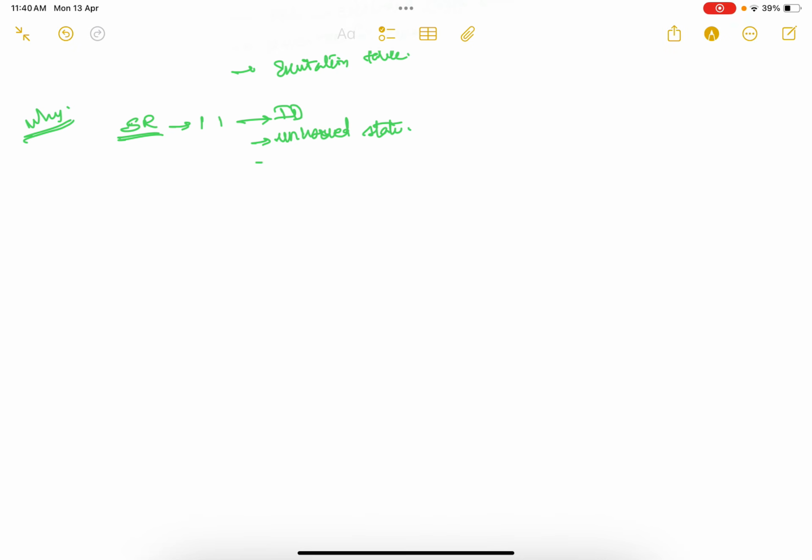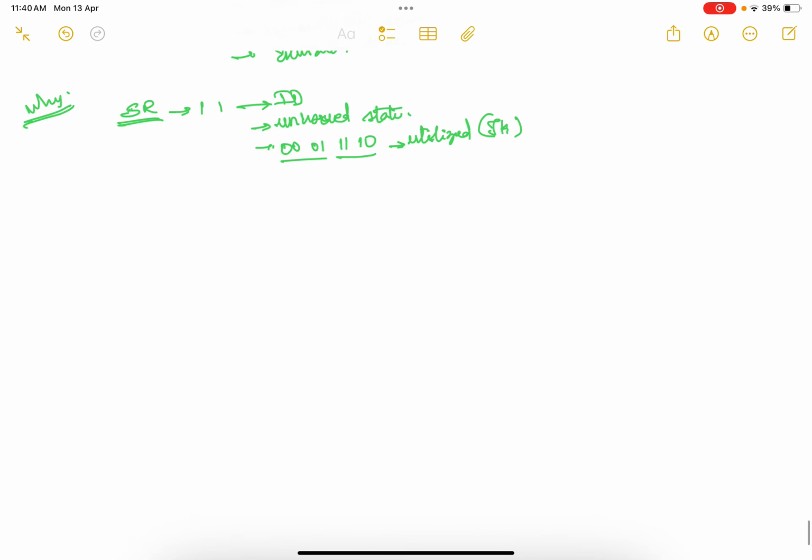So to make every state a used condition, that is, to make all the combinations produce desired results, we are going for this JK flip flop, in order to utilize all the states, that is 00, 01, 11 and 10. So for all the states it will get utilized. In order to utilize all these states, we are going for a new flip flop which is called the JK flip flop. Okay, so what is the structure of this JK flip flop?